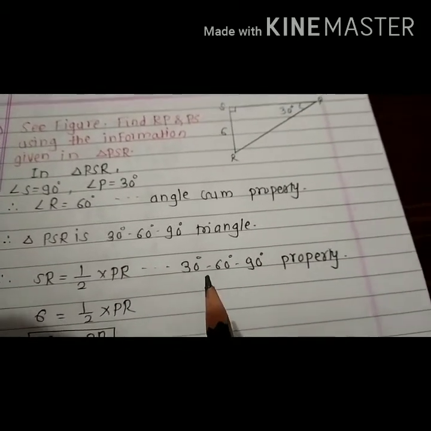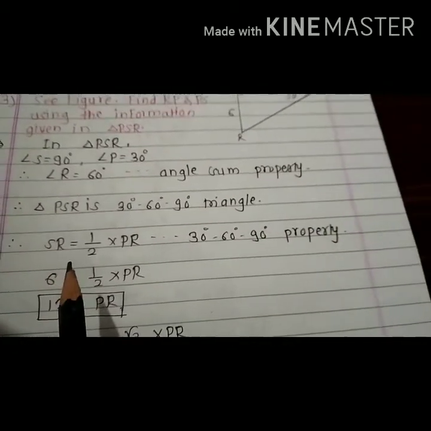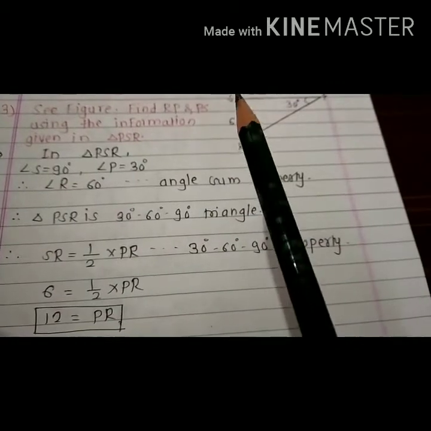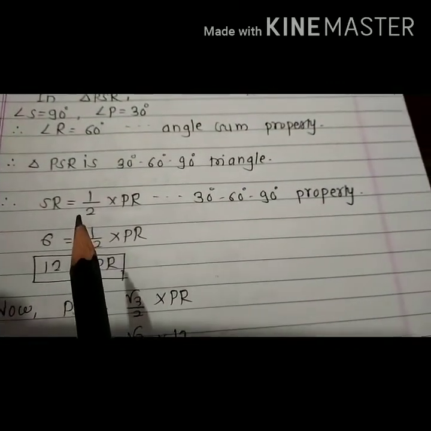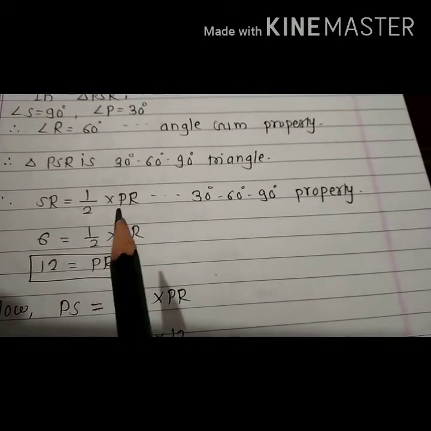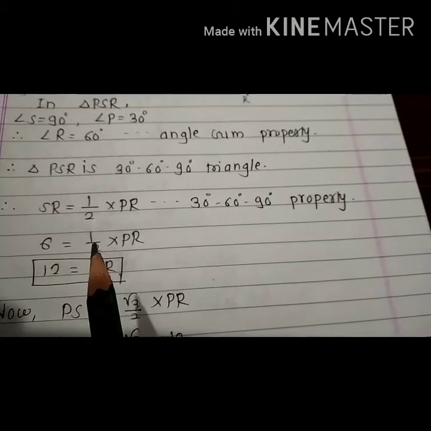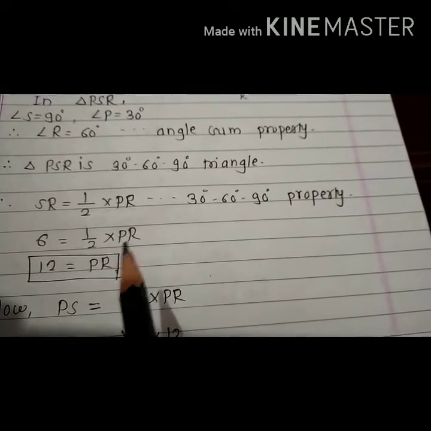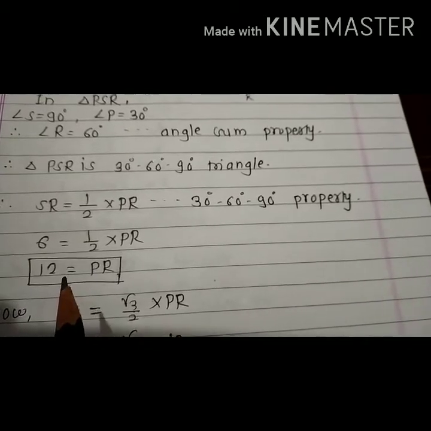Therefore, according to 30, 60, 90 property, SR is equal to half of PR. If we observe the figure, SR is a side opposite to 30 degree. SR is equal to 6, which is equal to half into PR. Therefore, PR is equal to 12.